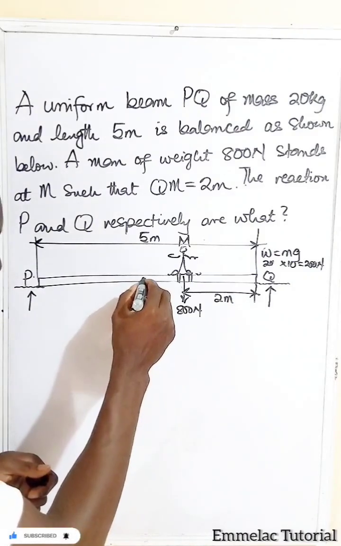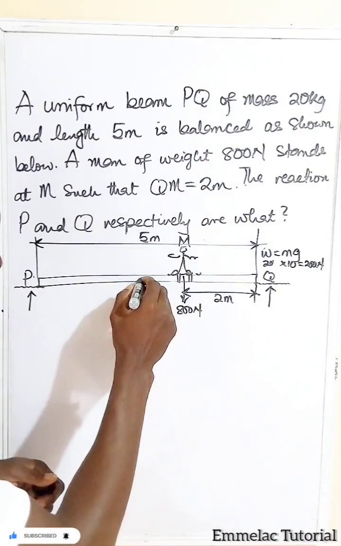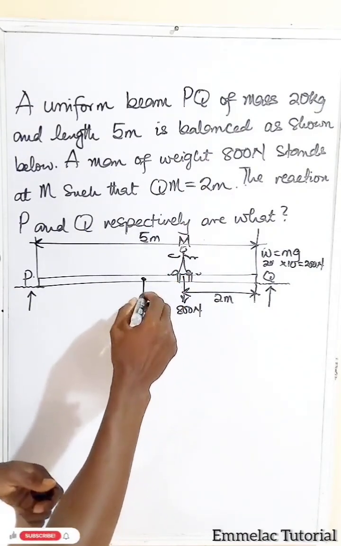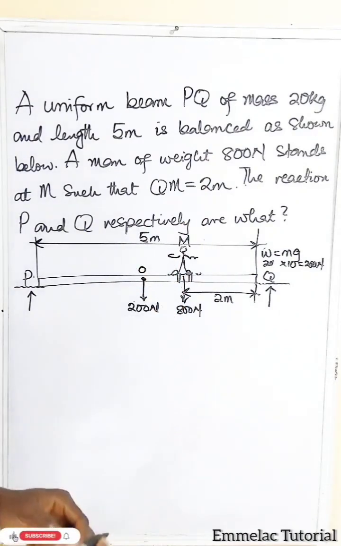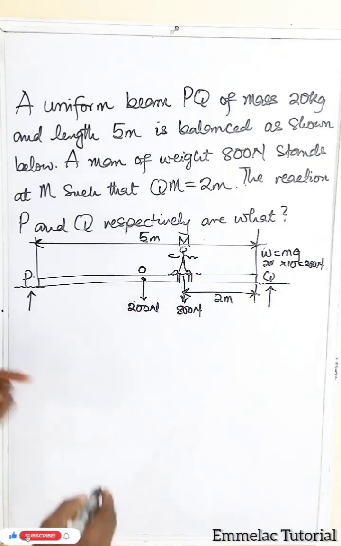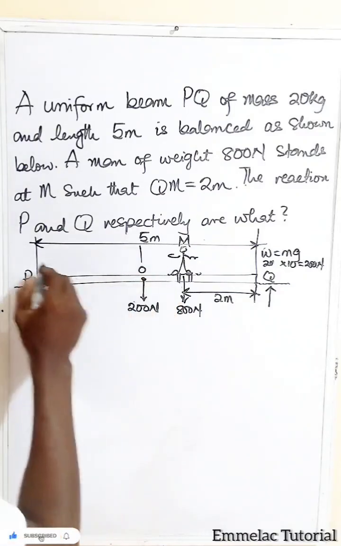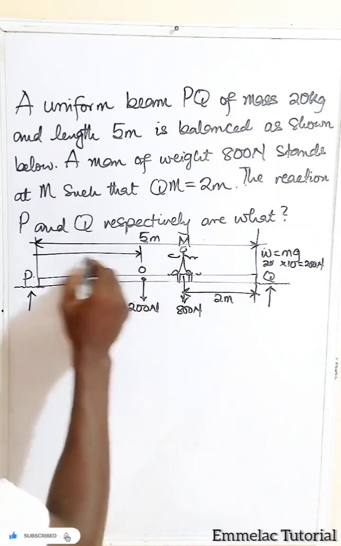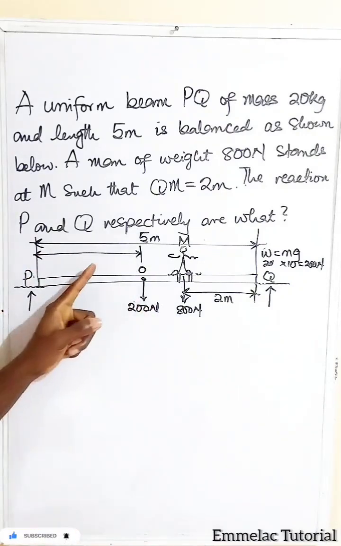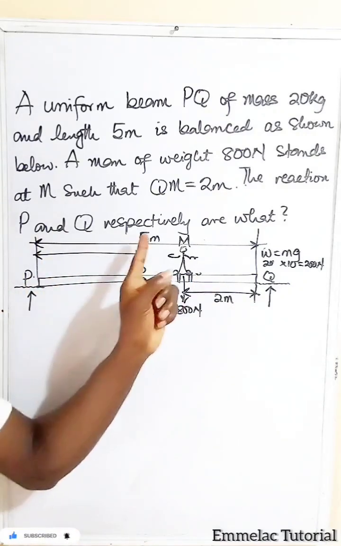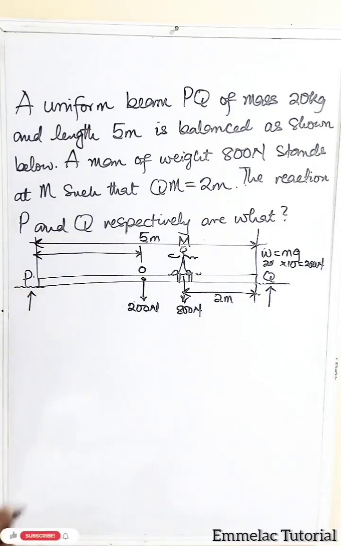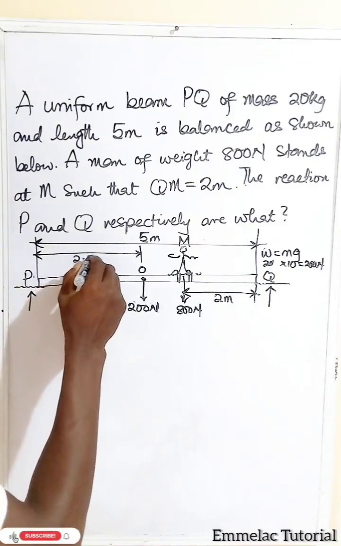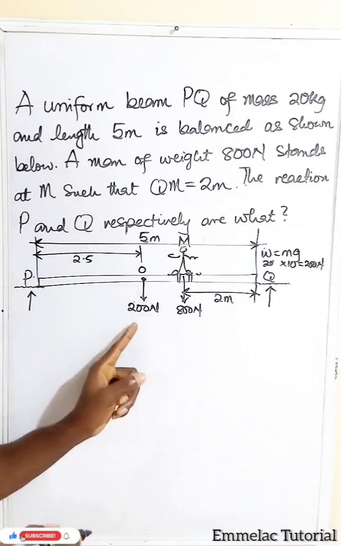this 200 here, which is actually the mass from 20, acts at the center O. If it acts at the center, it implies that from here to here will be 2.5, since from P to Q is 5. So from P to O is 2.5 because it's acting at the center.